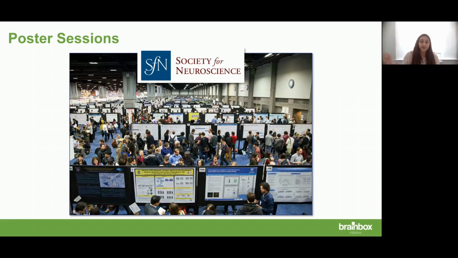As you can see, there are posters upon posters pretty much as far as the eye can see. So your competition is super saturated here. You have a lot of posters. Timing can vary depending on the conference you're at, but specifically for SFN, they allow you to display your poster for 4 hours, and you must be by your poster ready to present for just one of those hours.